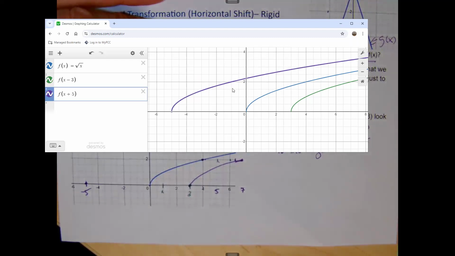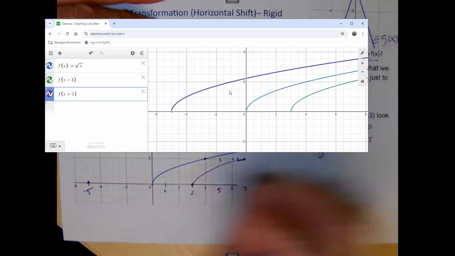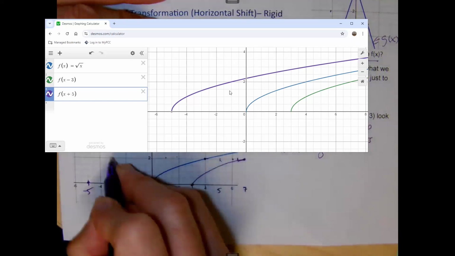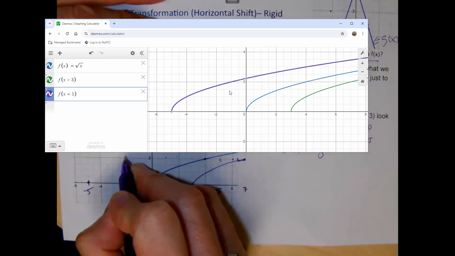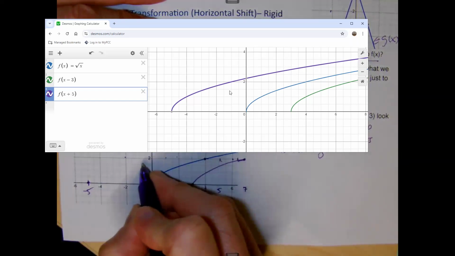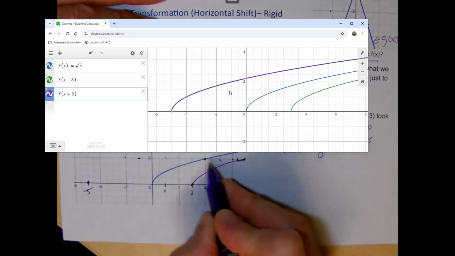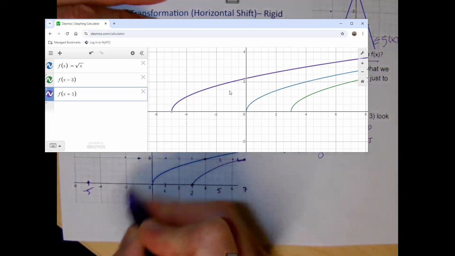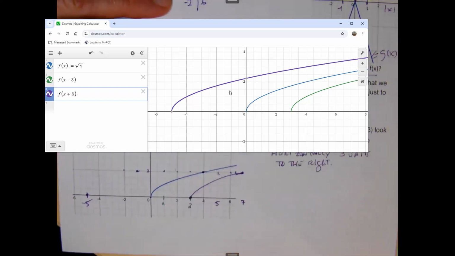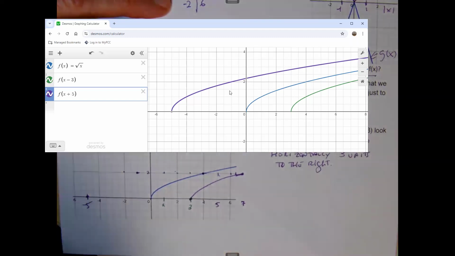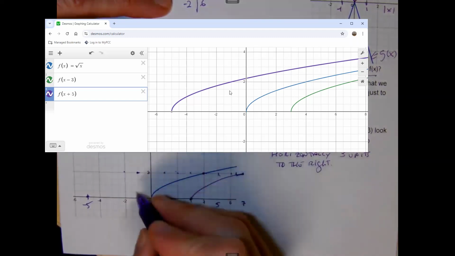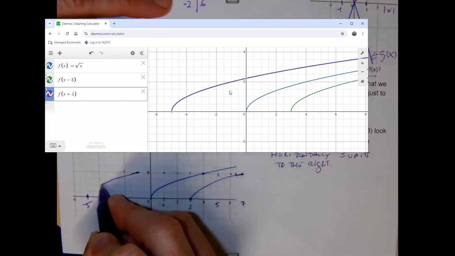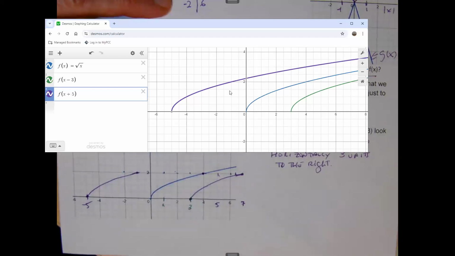Indeed, it looks like I have gone 5 over. Yep, there it is. And if I start connecting these two, I start getting that picture that I have here on my screen.